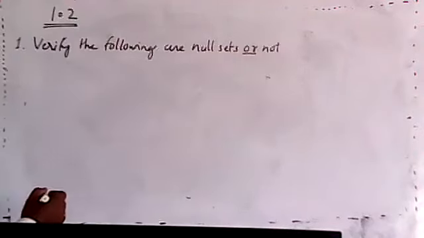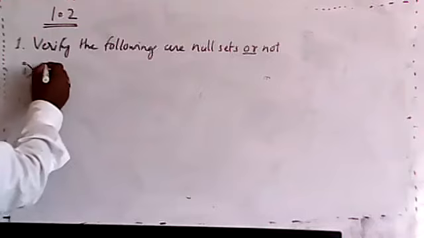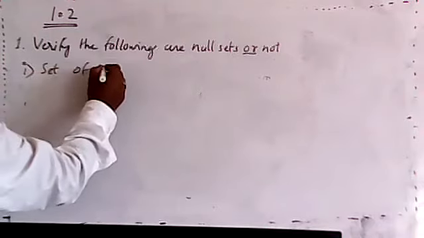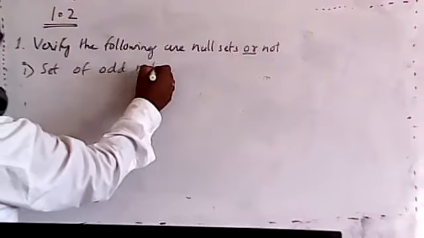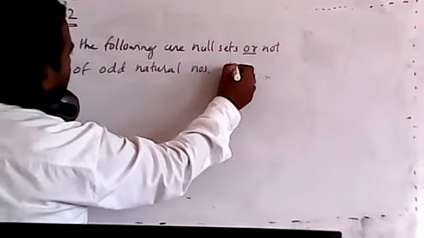Okay, let's verify. You do the first question now. You just verify yourself. Set of odd natural numbers divisible by 2.